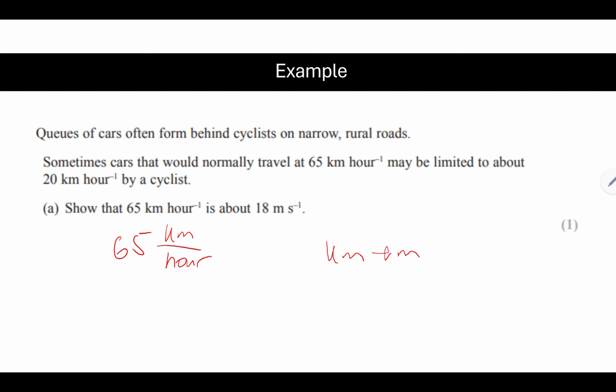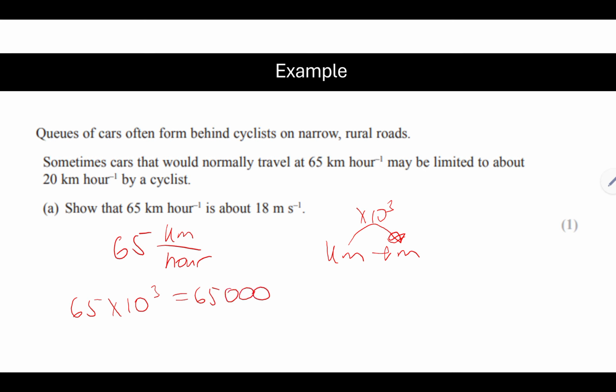So we know that kilometers from that table, we know that kilo is 10 to the power of 3. So to go from kilometers to normal meters, we times it by 10 to the power of 3. So we do 65 times 10 to the power of 3, which is, in other words, times it by 1,000. And we get 65,000.